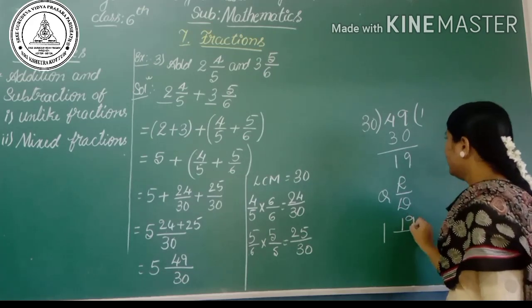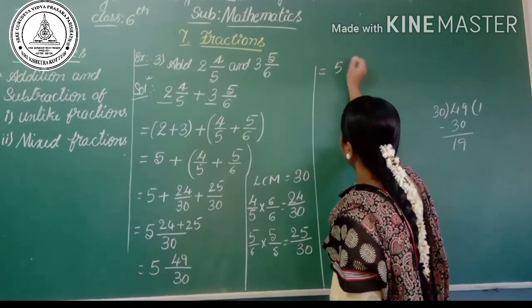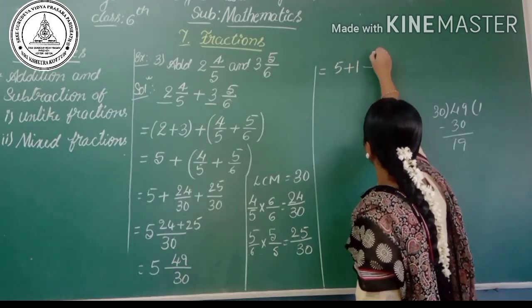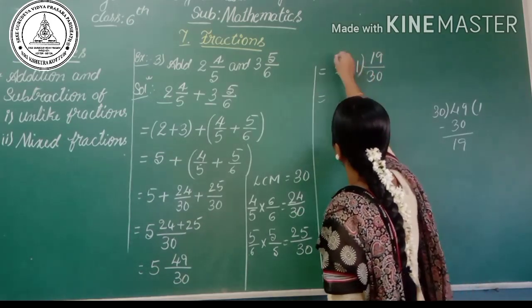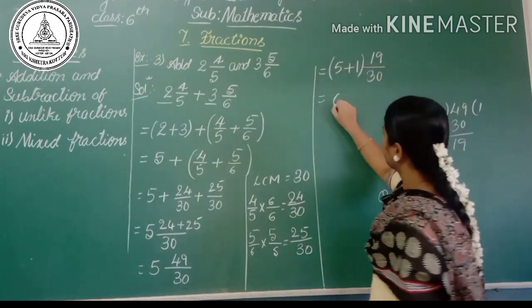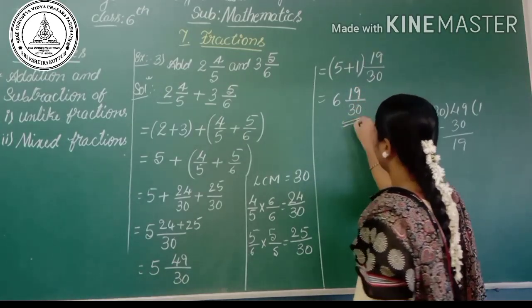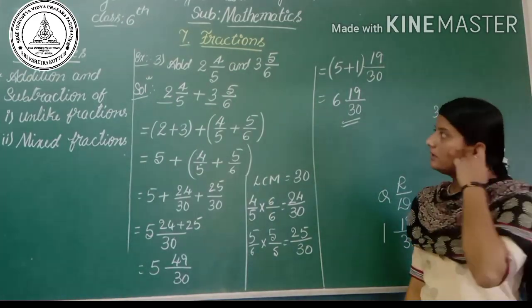Remainder is 19. Divisor is 30, which equals 5 plus 1 plus 19 by 30. Now add the whole parts. 5 plus 1 is 6. 6 whole 19 by 30. Okay. Is it clear? Yes.